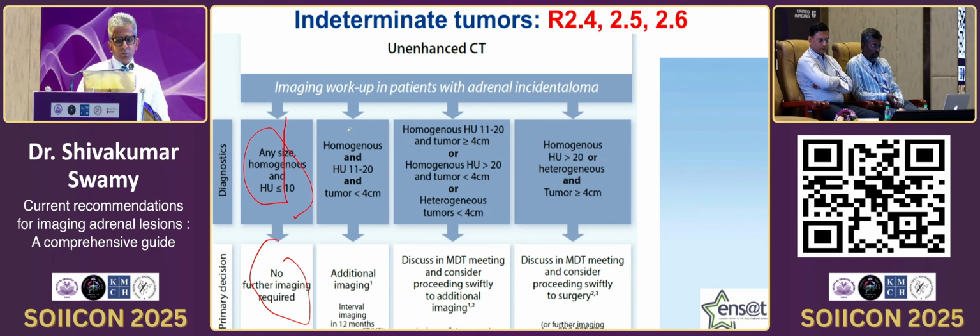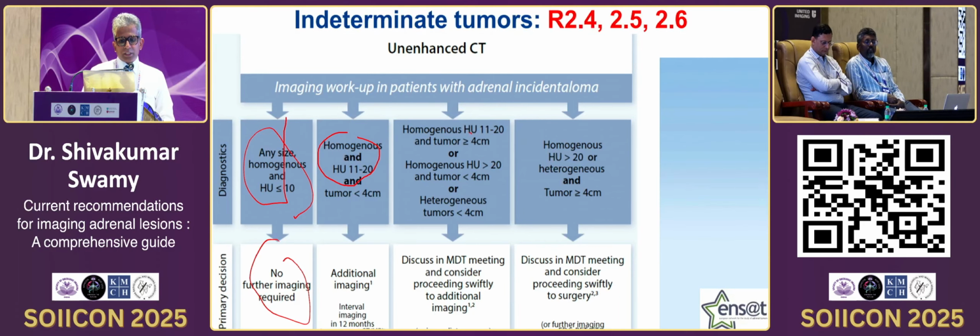If it is a homogeneous lesion with HU of 11 to 20 and tumor size less than 4 centimeters, additional imaging and interval imaging after 12 months is advised, and then you do further follow-up based on how it looks on the interval imaging after a year.